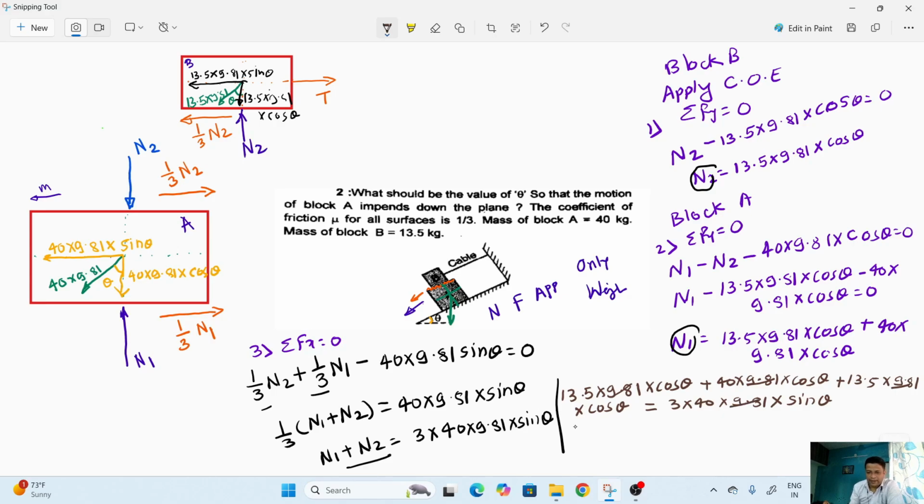So we get the final equation as 13.5 cos theta plus 40 into cos theta plus 13.5 cos theta is equal to 3 into 40 into sine theta. This way we get this equation. Now a few steps are remaining, so I'll erase the data.